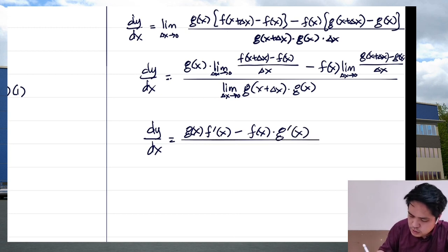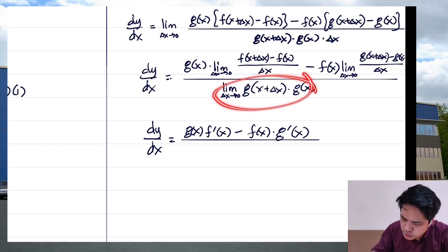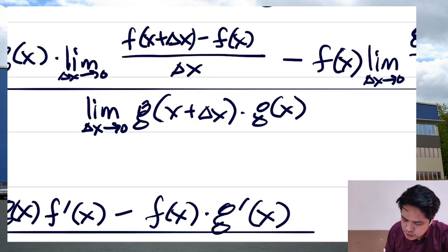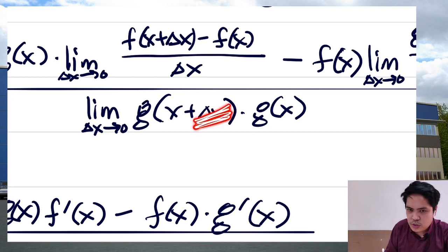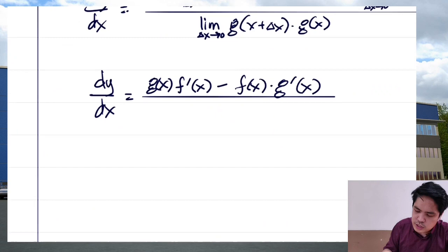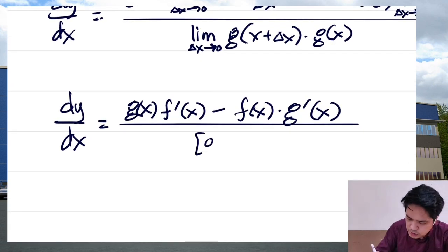Then divide this all by this. Taking the limit of this as delta x approaches 0, this will approach 0, so it becomes g of x times g of x, that is g of x squared.